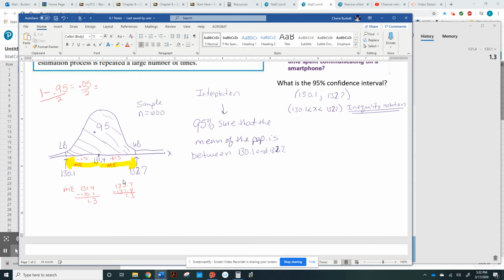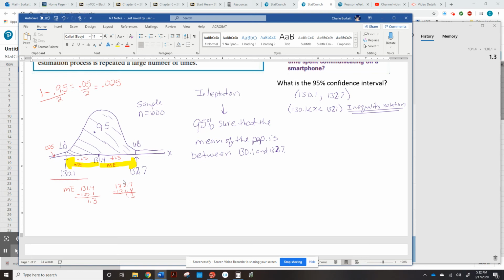So the answer to this right here is 2.5%. So this area over here is 0.025. And you can now look up that area 0.025 and get a z value.